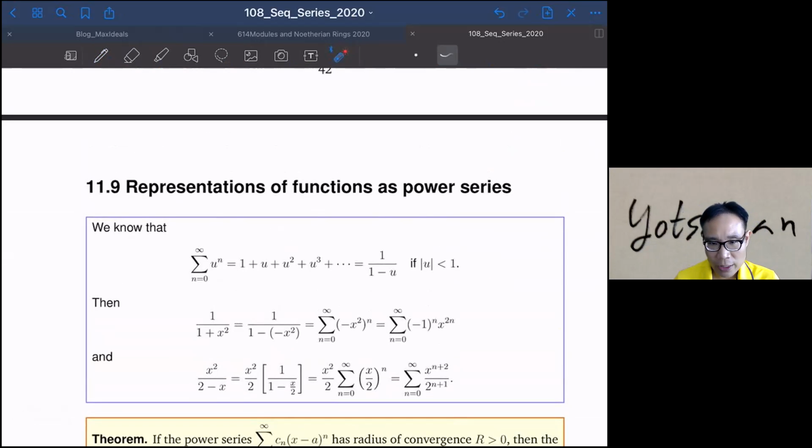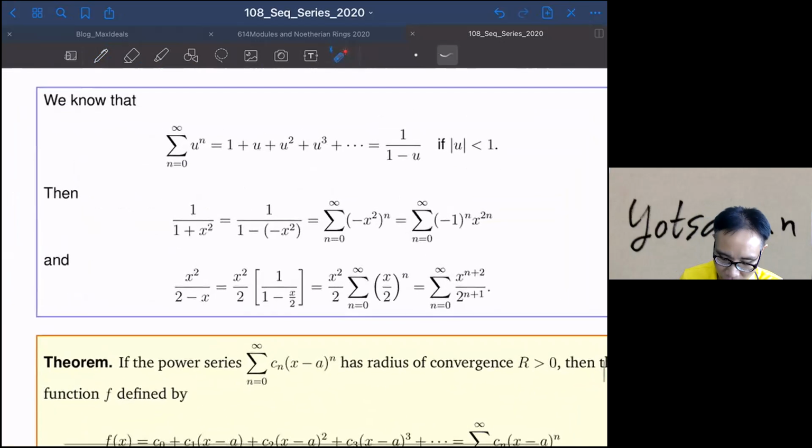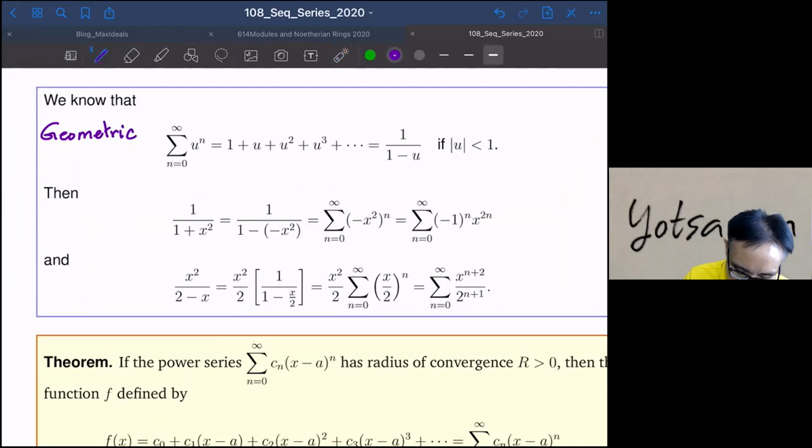And this is equal to 1 over 1 minus u if the absolute value of u is less than 1. So this is one formula for the geometric series, coming from the geometric series.